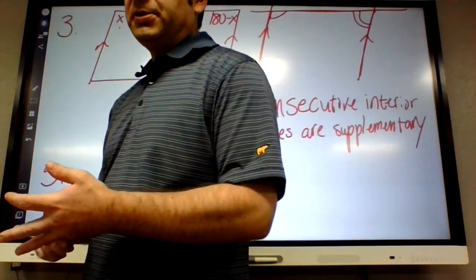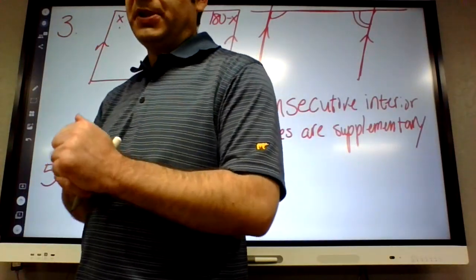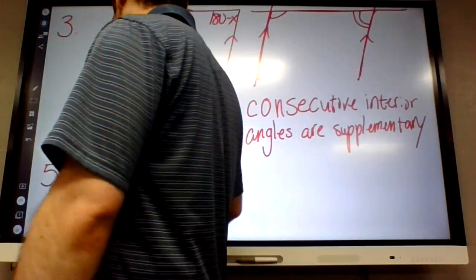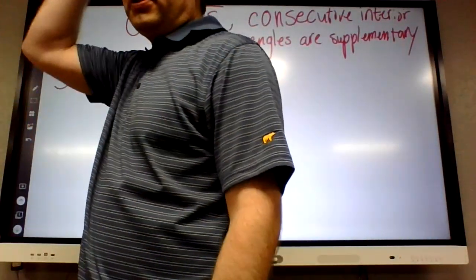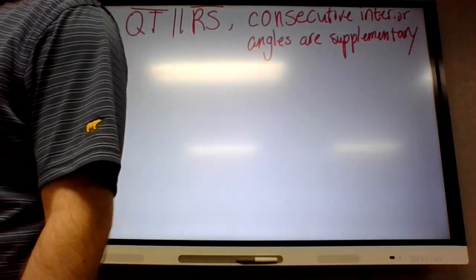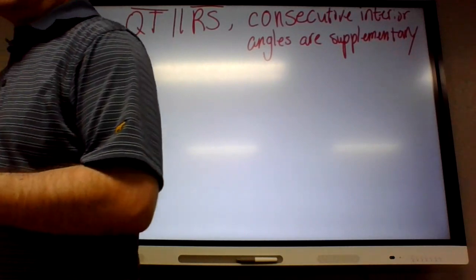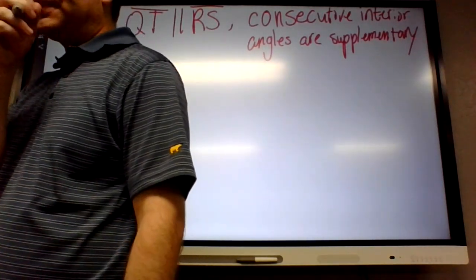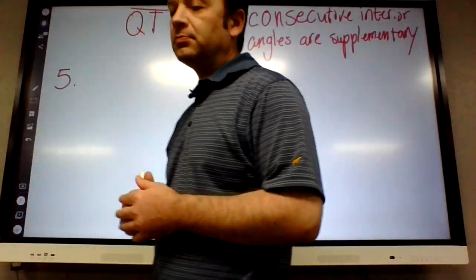All right, so number 5, 4 through 7, these look a lot like number 2. Very similar. Which conclusion can be made from each statement? On number 5, they're saying angle 2 and angle 6 are congruent.